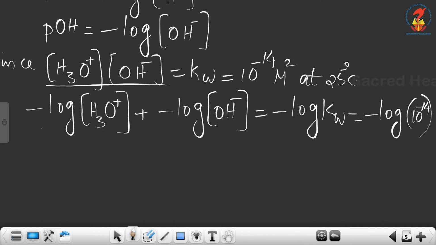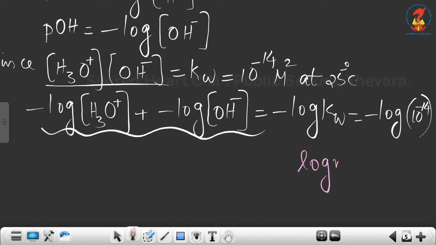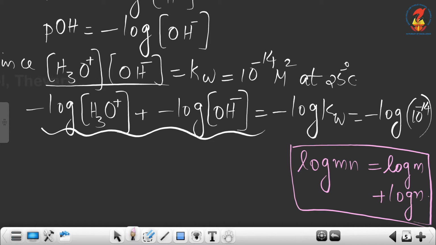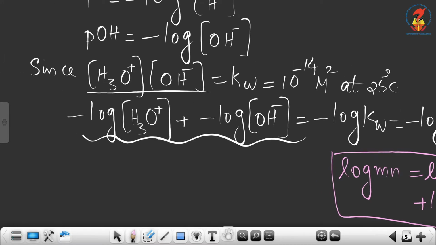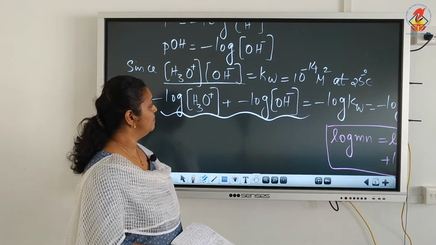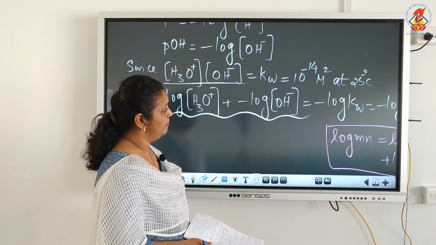Now this is the product rule, that is log mn will be equal to log m plus log n. So that's what I have written here, addition, minus log H3O plus minus log concentration of OH minus.